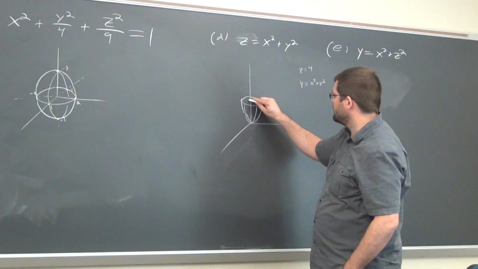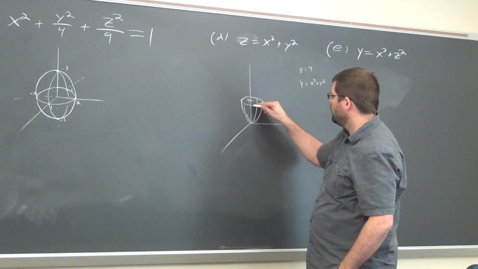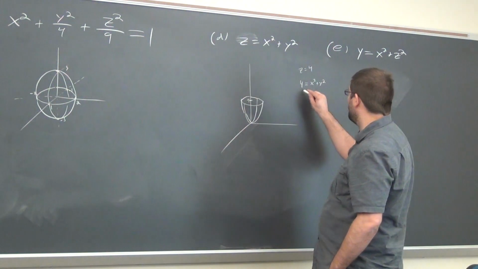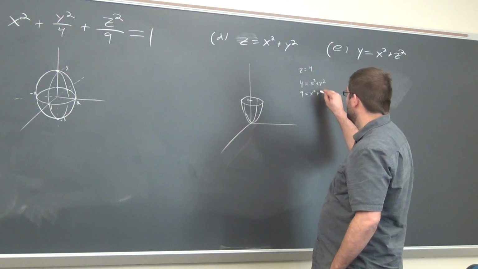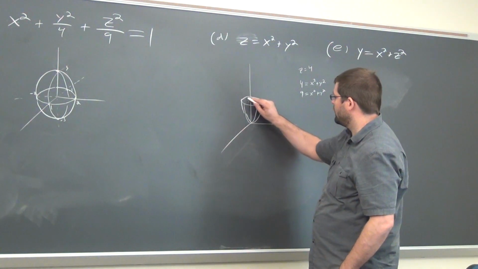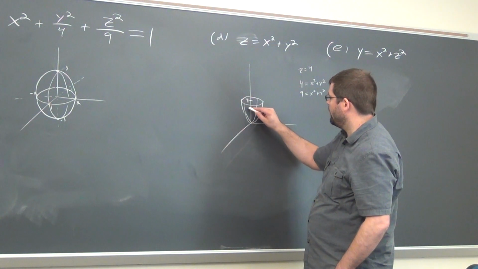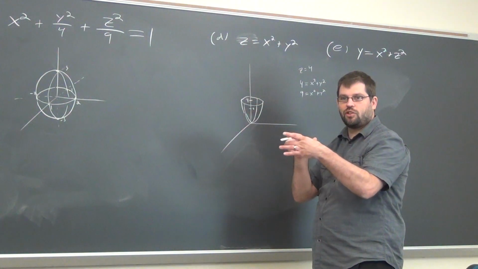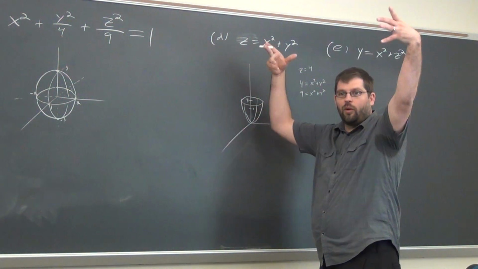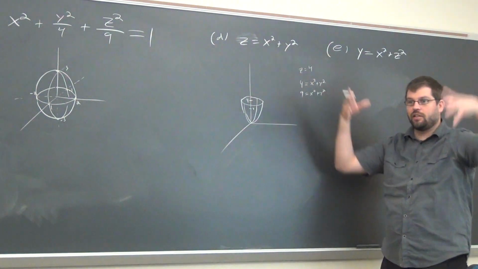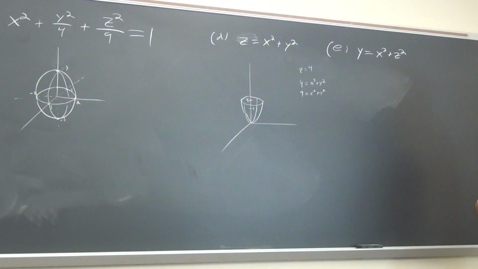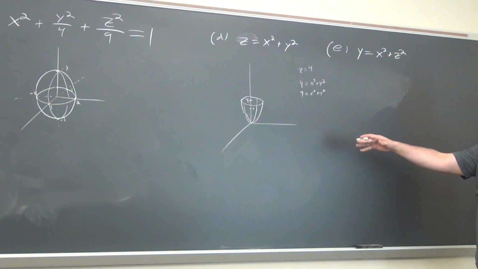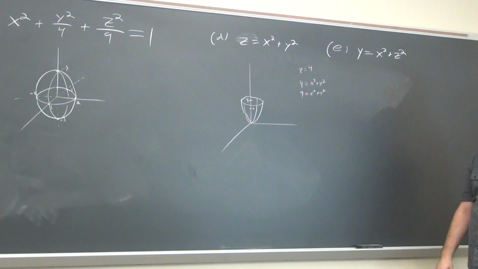So if you were up here at 4, you get a circle, right? And if you were up at 9, you get, so maybe let's make this 9, and then 4 would be down here, a smaller circle. Does that make sense? And so you basically have circles growing stacked on top of each other, and so you should get that shape. Is that okay? For right now, our big thing is just to be able to sketch some basic ones and be able to recognize them when they show up.